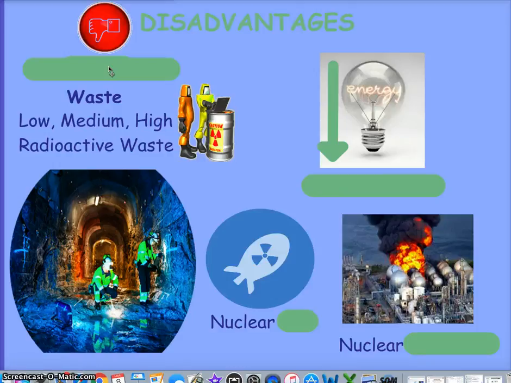But that waste is extremely radioactive, especially high levels, and it has to be dealt with, and it requires tons of energy, actually like 12 to 20 years of storage using energy in order to try to reduce the amount of radiation before you can even bury it, okay? So keep that in mind.